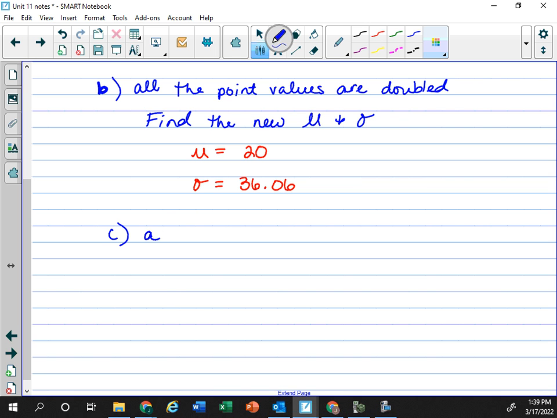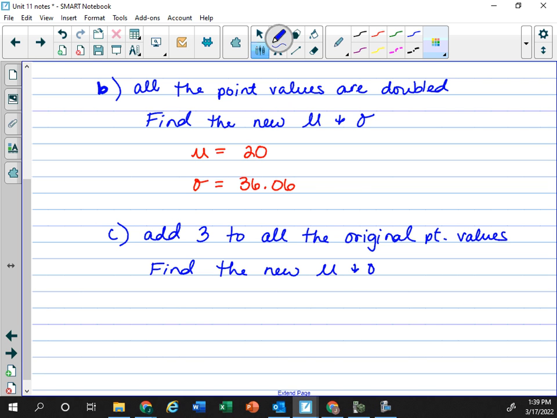Okay, this time let's add 3 to all the original point values. So going back to the original ones. And now again, I want you to find the new mu and sigma.